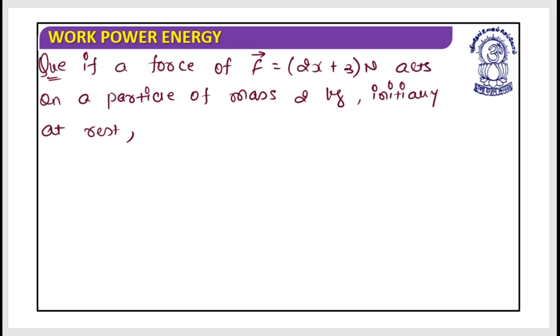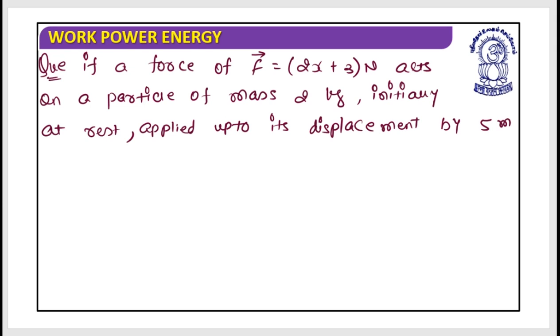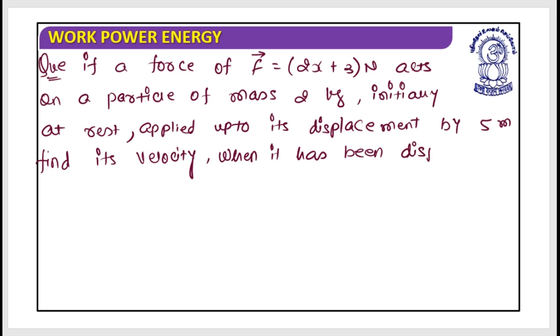If the force F is equal to 2x plus 3 Newton acts on a particle of mass 2 kg which is initially at rest, applied up to its displacement by 5 meter. Find its velocity when it has been displaced by 5 meter.